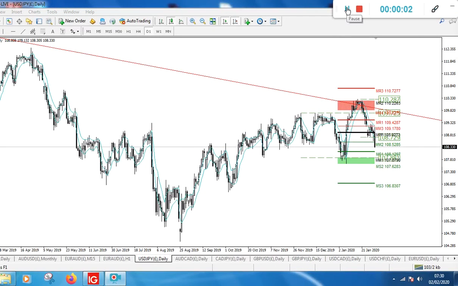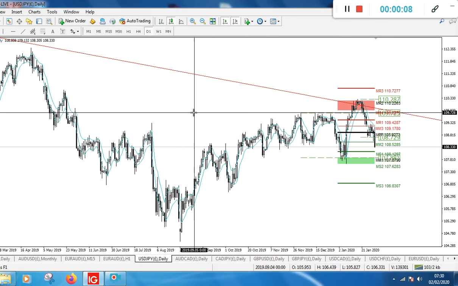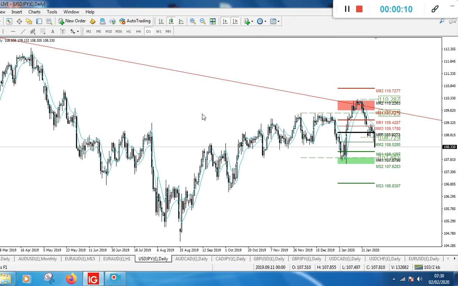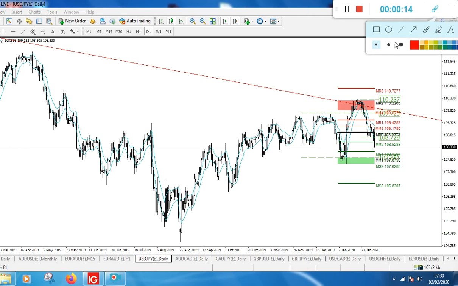Okay, now dollar yen. This is a daily chart of dollar yen. The dollar yen has been range bound, has been chopping. Let me bring this pen. So in here, it's been in this range really. There are still decent pips to get out of it if you get on at the top and ride it to the bottom.